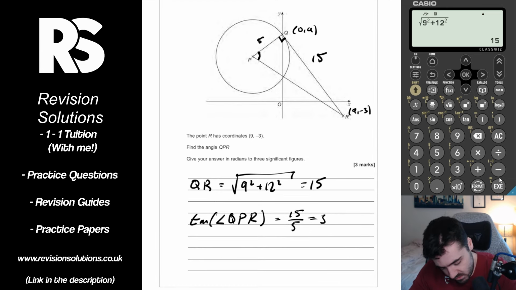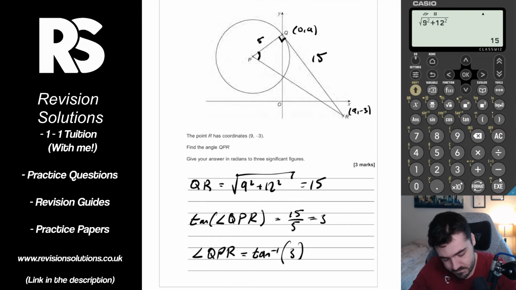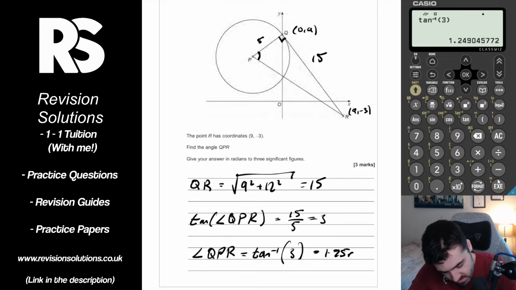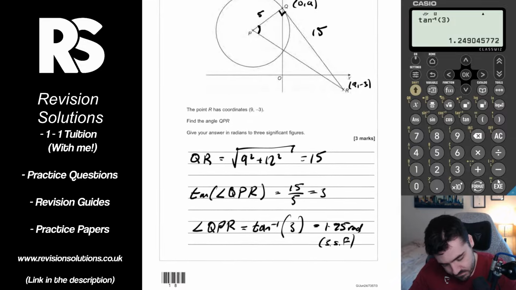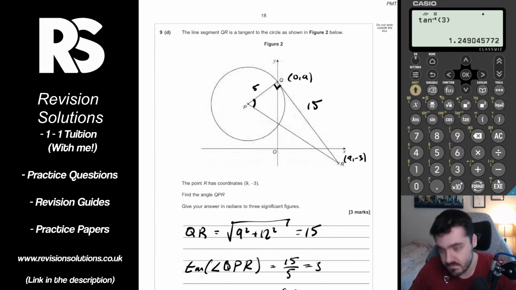Good. So angle QPR is inverse tan of 3, which gives us 1.25 radians, and they want 3 significant figures this time. That actually is 3 significant figures, so we're all good. And that's the end of the question.